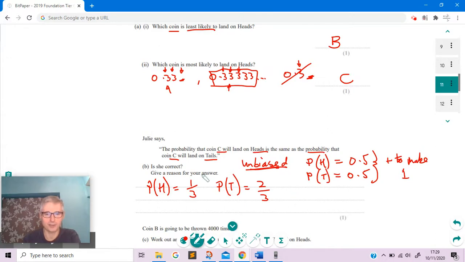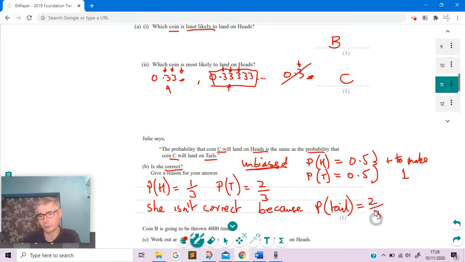And we can see then that she's not correct. So she isn't correct because actually the probability of getting a tail is 2/3. I might write it like this, probability of a tail equals 2/3. So which isn't the same as getting the heads.